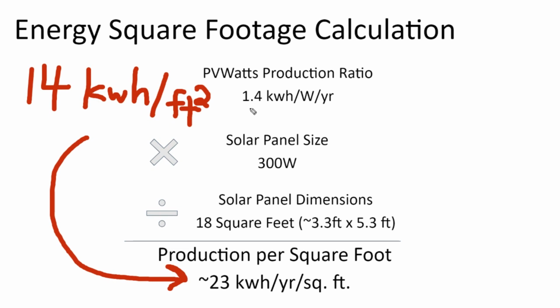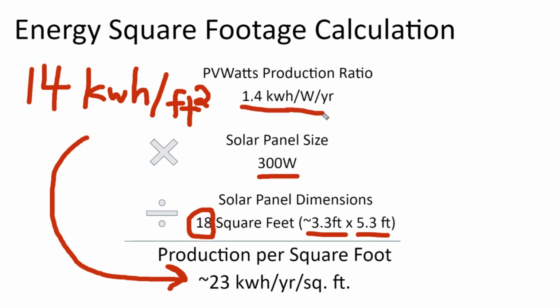If a solar panel is 3 1/3 feet by 5 1/3 feet, and also assume it's a typical 300 watt solar panel, let's assume 1 watt of solar produces about 1.3 kilowatt hours per year.